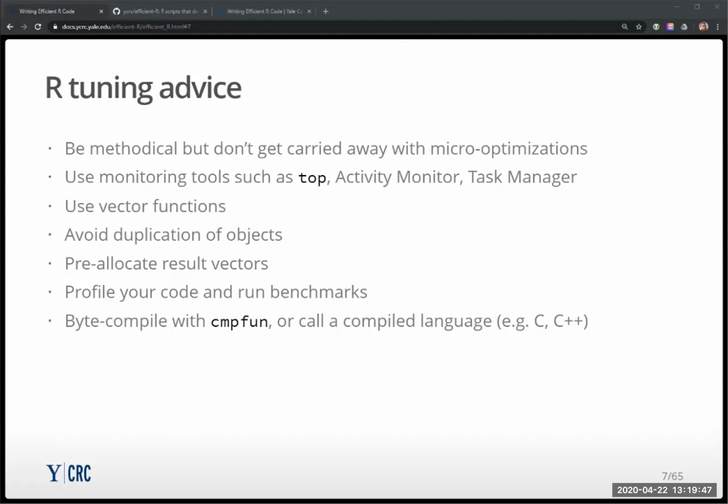A really great way to speed up R is to use vectorized functions instead of loops where possible. I'll show a little bit about that later. Also, avoid duplication of objects.